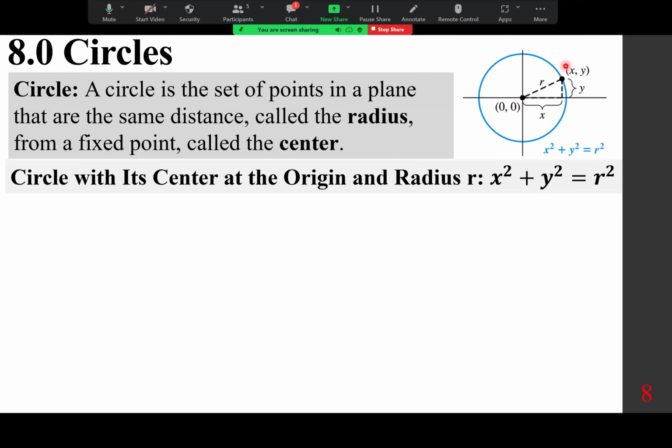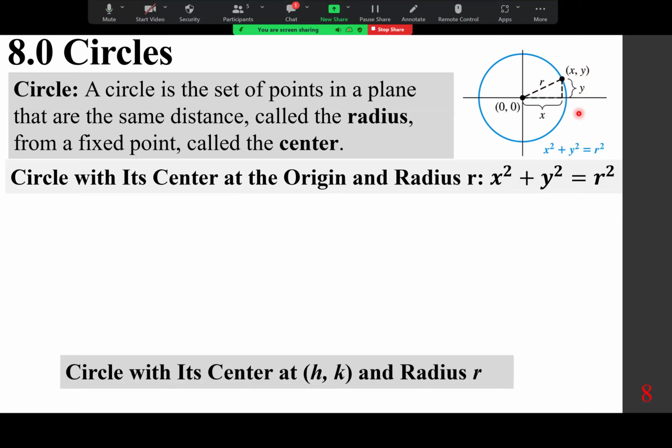Also, you can look at it from the point of view of the Pythagorean theorem. This distance is x, this distance is y, so x squared plus y squared is r squared, or r is the square root of x squared plus y squared.